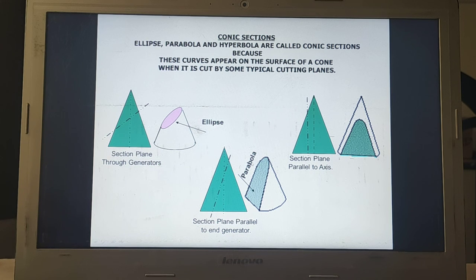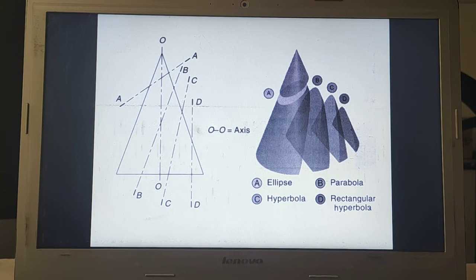Then if the same cutting plane is parallel to the axis, if we cut this cone with a cutting plane which is parallel to this vertical axis, then what we get is nothing but the hyperbola. So this is how we get the ellipse, parabola and hyperbola.